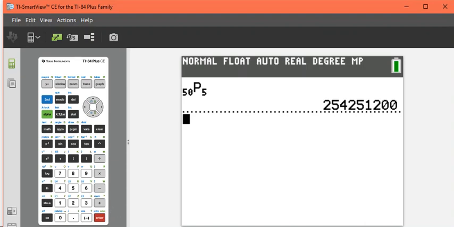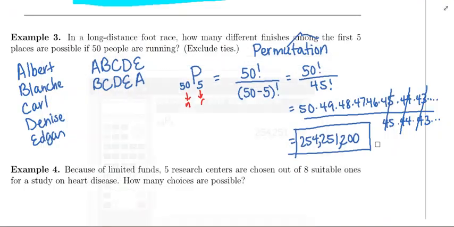So that's how you can do it on the calculator, and of course, very similarly for combination, but we'll practice one of those when we get to a combination. So that's it for this problem. There were 254,251,200 different finishes among the first 5 places if 50 people were running.